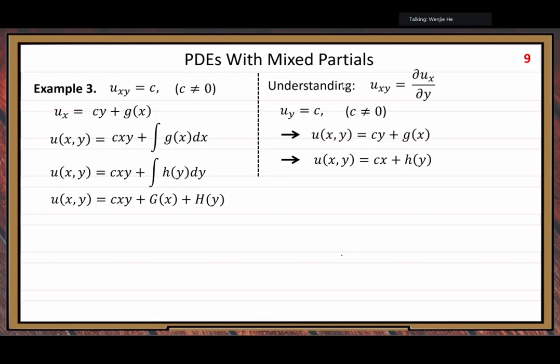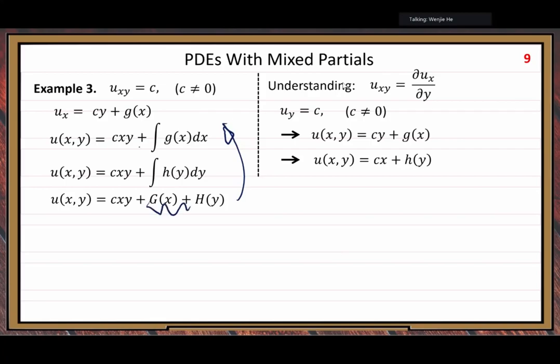But based on our understanding of partial derivatives, this final form covers the first one and also covers the second one. Why does it cover the first one?